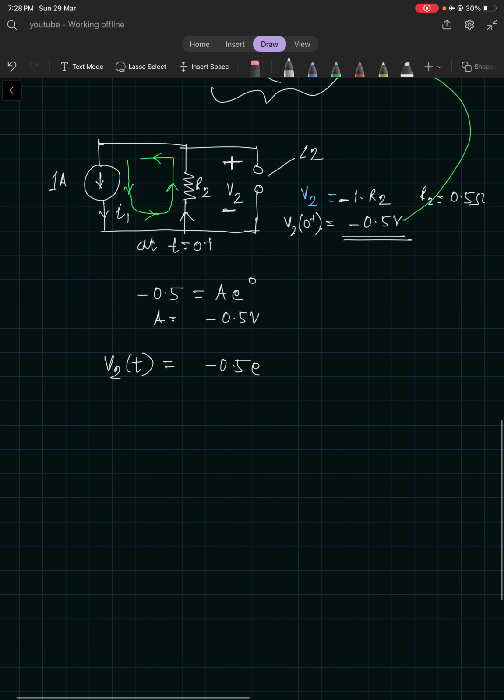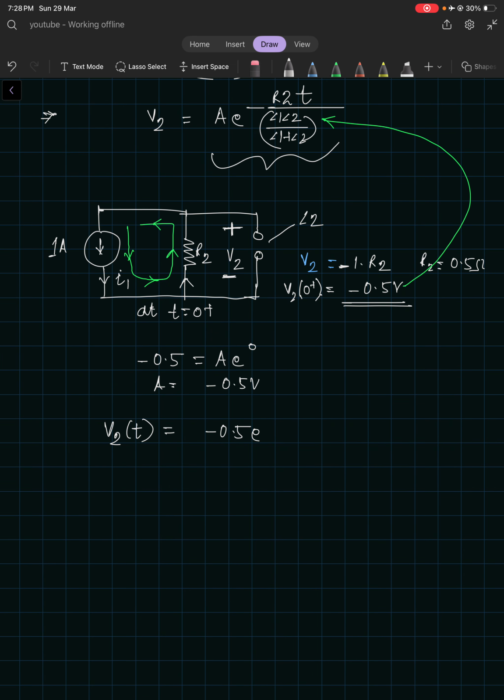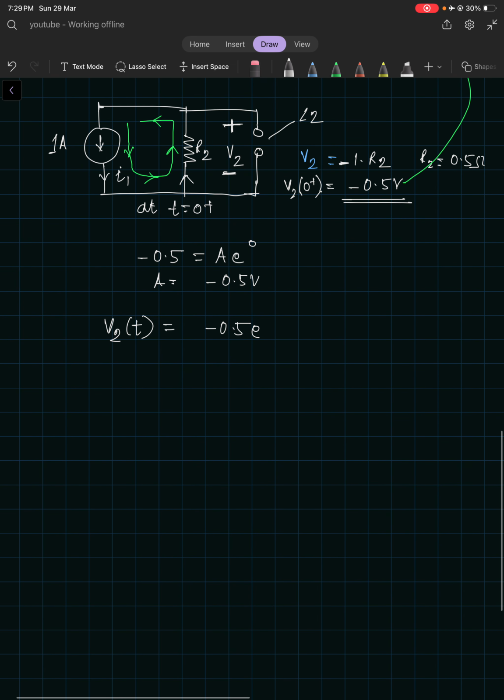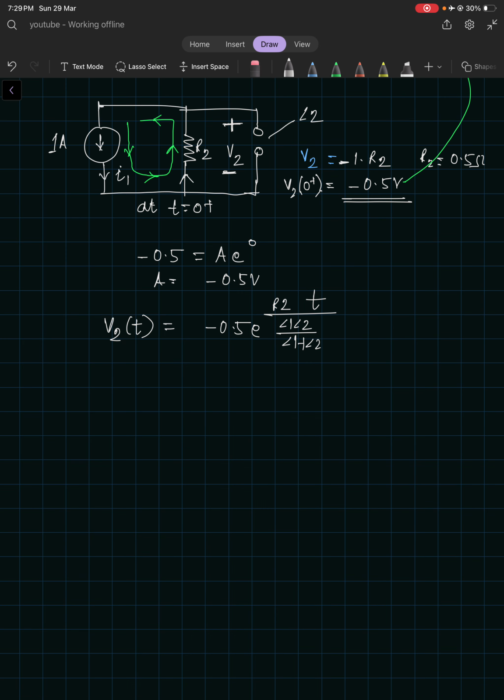Just one more thing, let's solve this time constant formula. Let me write it here again. It is R2 upon L equivalent, into t. There are so many things in solving a circuit. What is R2? R2 is 0.5 ohms.